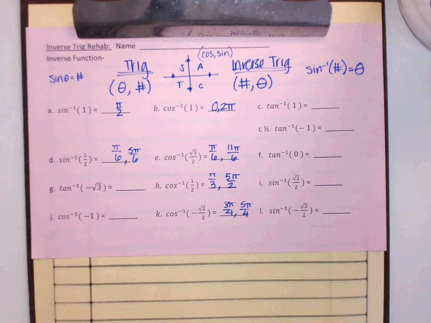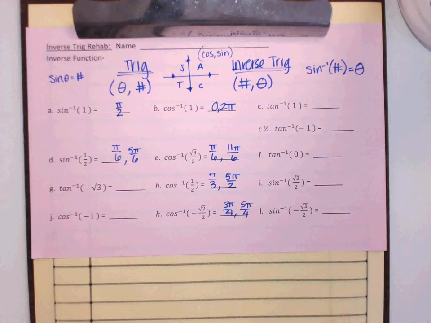Okay, alright. So last 2 that we're gonna do are tan, actually we'll do these 3 right here. If I want tan to be 1, tan is the same as sine over cosine. If sine over cosine needs to divide to be 1, then what do they have to be in relation to each other? Equal, right? Because if I do sine divided by cosine and they're the same, what am I going to get? 1.